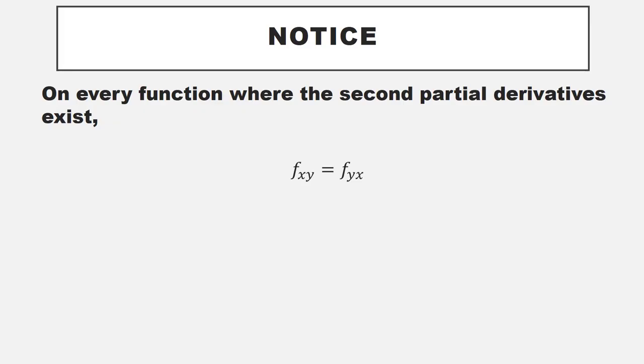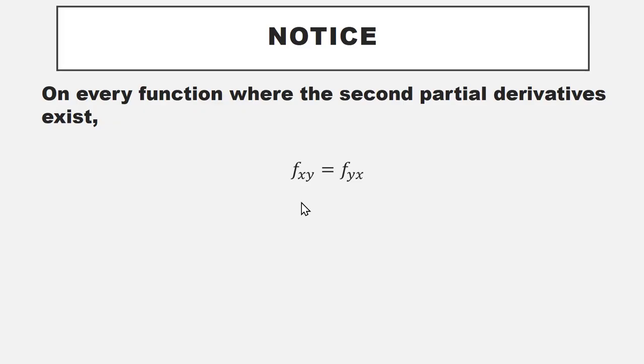So if you ever forget, should I have taken the derivative with respect to x first or with respect to y first? It really doesn't matter as long as you take one with respect to x, one with respect to y, you should end up in the same place.